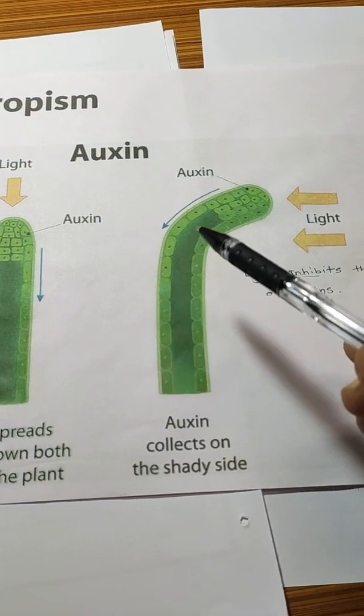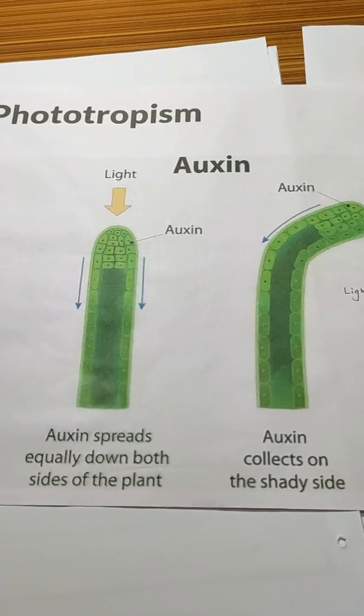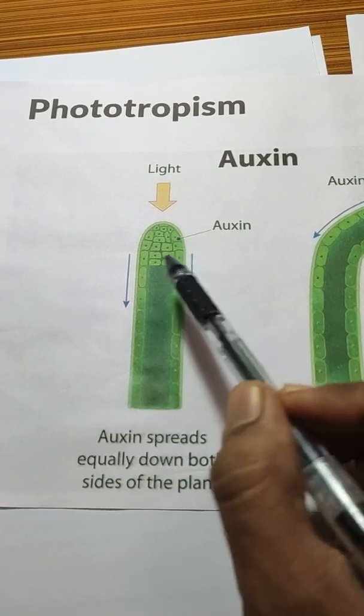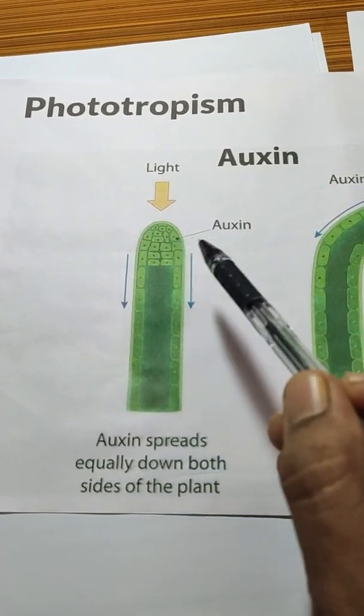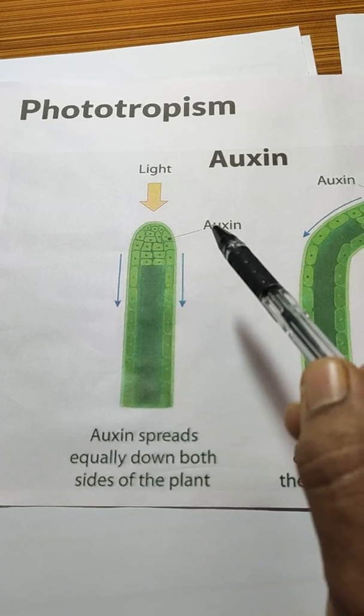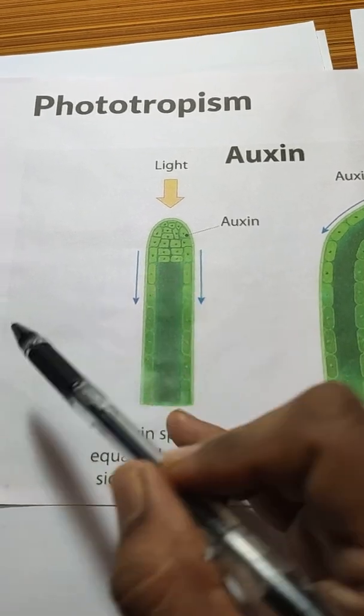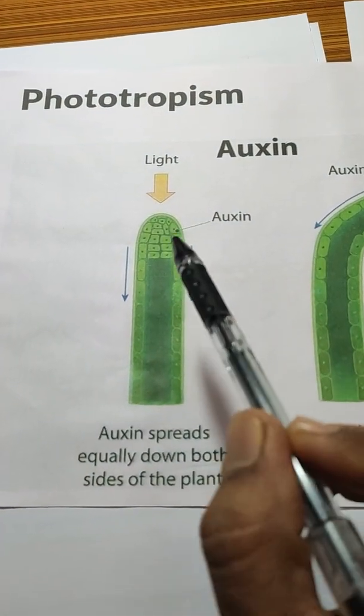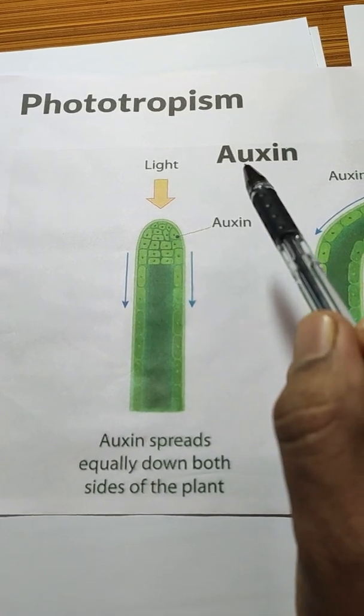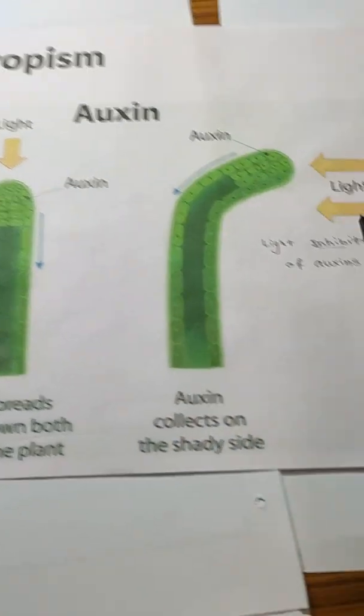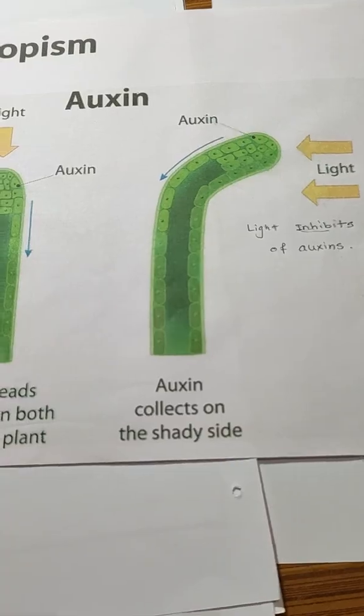So the shoot moves toward the light. When both sides get an equal amount of light, there is no movement of the shoot left or right. It goes straight toward the light, so auxin production depends on light.